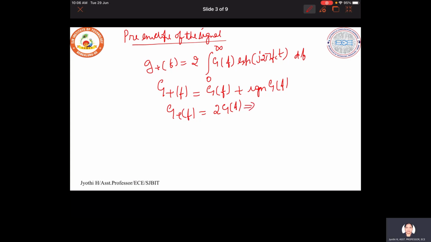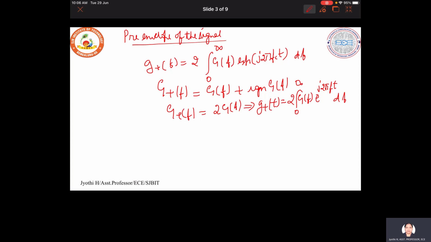In the time domain, G plus of t is equal to 2 times the integral from 0 to infinity of G of f e to the power of j 2 pi f t into df. Now we have to write the frequency spectrum of this low pass signal.